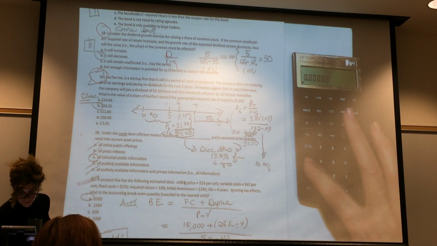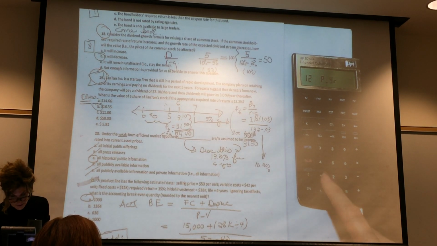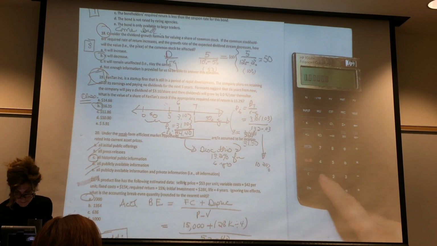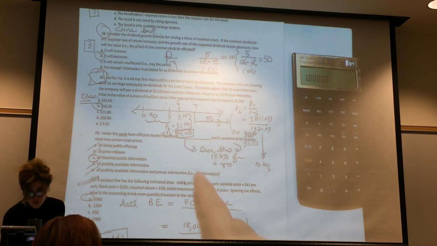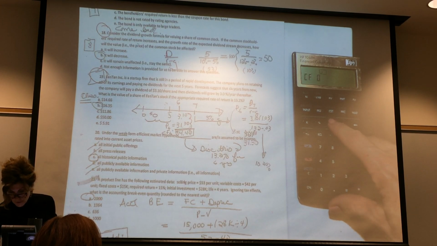Now, what do you do once you figure that out? You don't have a lot of time, right? Because you might want to come back to these because they take a little bit longer than other ones. First of all, you want to change your calculator to one payment a year. And then you put in all your cash flows. So we do 0, cash flow 1, 2, 3, 4, 5.